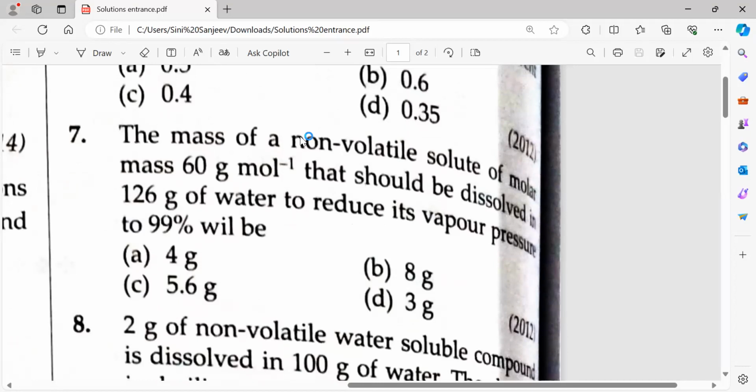The key concept for this is, again, a direct question from the textbook. If you do the NCERT properly, we can do this question easily.